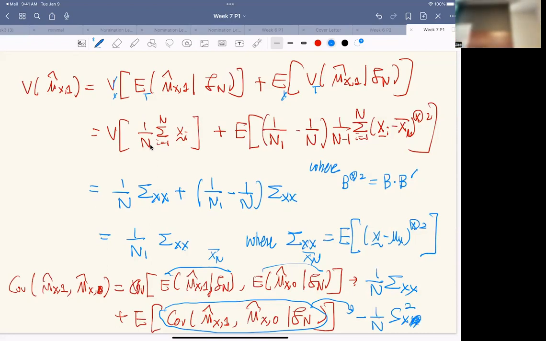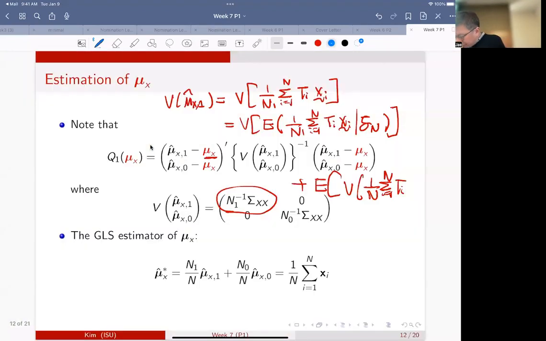The covariance: one is a sampled part and the other is the non-sampled part. The expectation of this guy is equal to this guy, so they will cancel. That's why you get a 0 here.